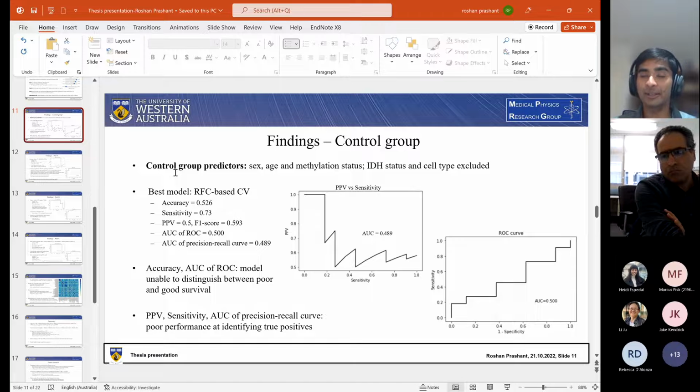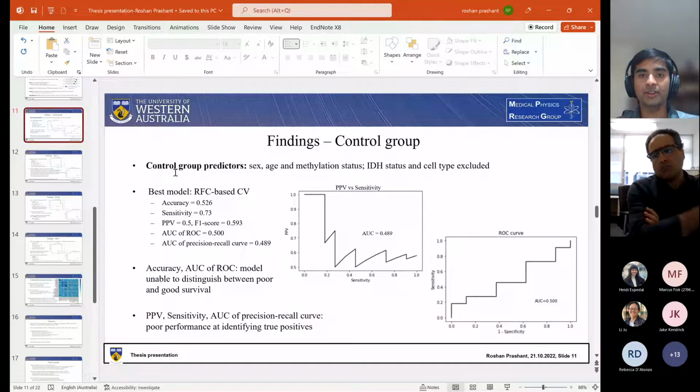When we compare that to the existing epidemiology of the distribution of the different kinds of glioblastoma, they don't quite match, so it's not really a stratified sample, which could introduce some bias.